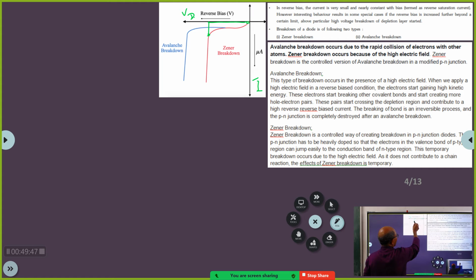That means now you see this curve is slightly like this. That means for a small increase in voltage, there is a large change in current. After it crosses this point. But in an avalanche diode, it breaks down. That means it's permanent. This is the basic difference between the two. I hope it is clear.